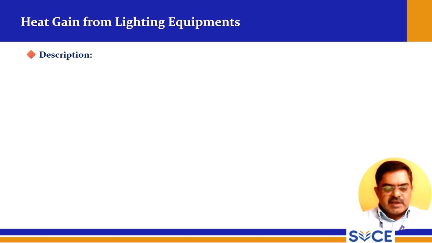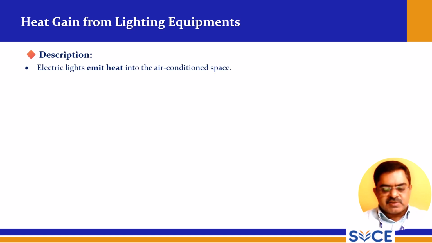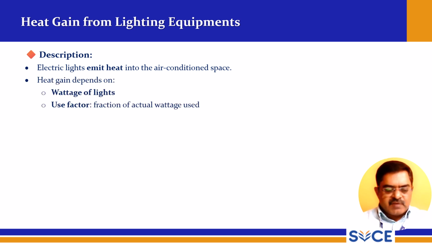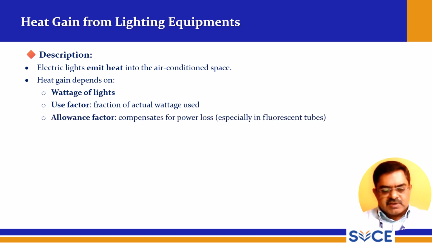Heat gain from lighting equipment. So the next appliance is lighting equipment, and electric lights emit heat into the air conditioned space. Heat gain depends on wattage of lights, use factor, the fraction of actual wattage used, and allowance factor, which compensates for power loss, especially in fluorescent tubes.